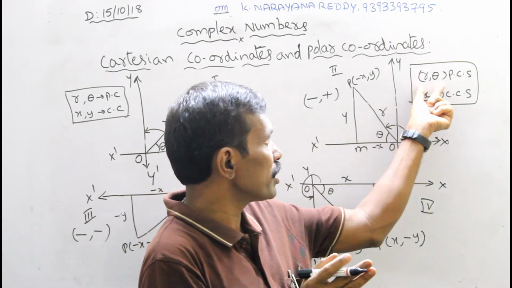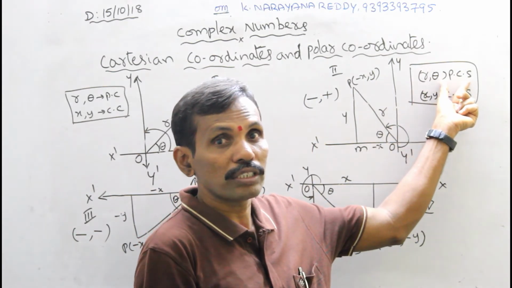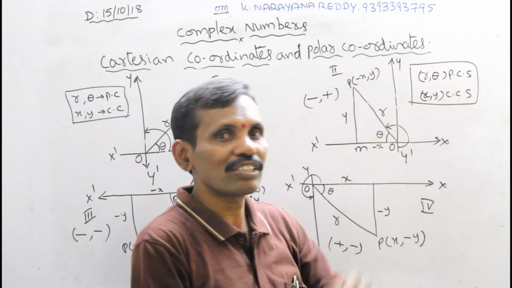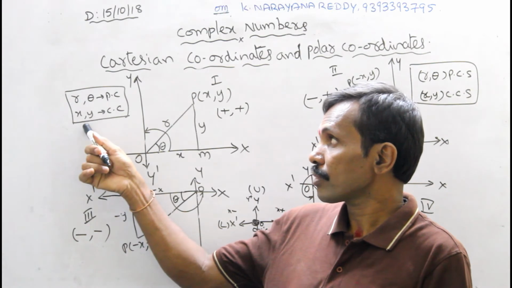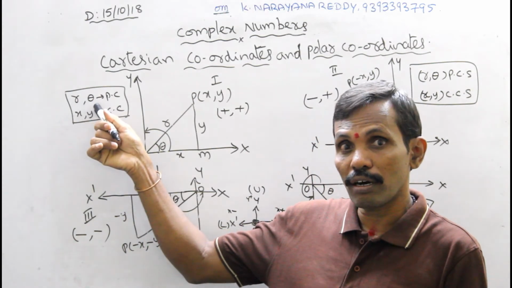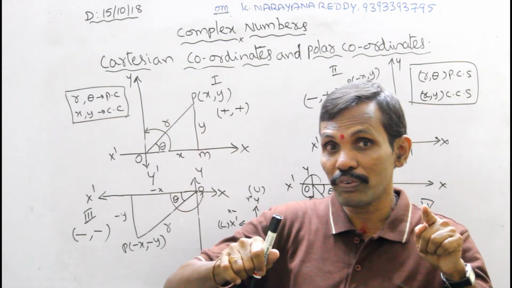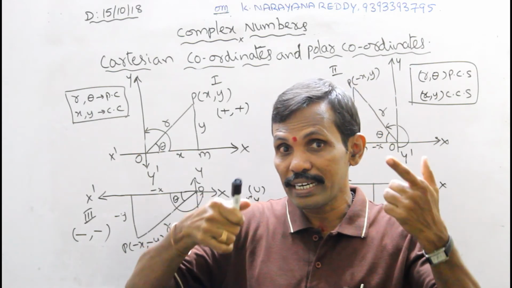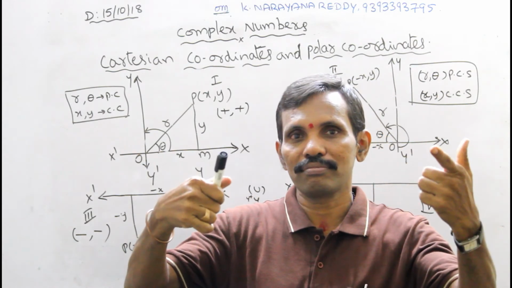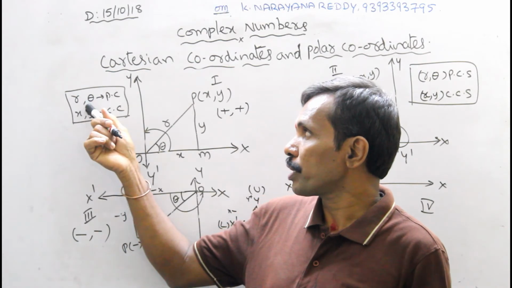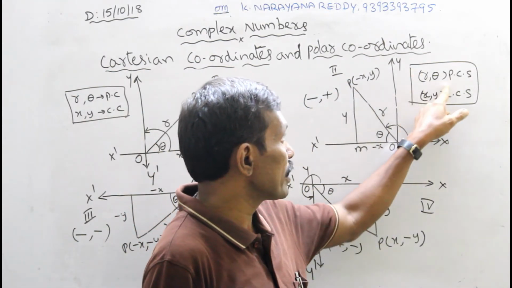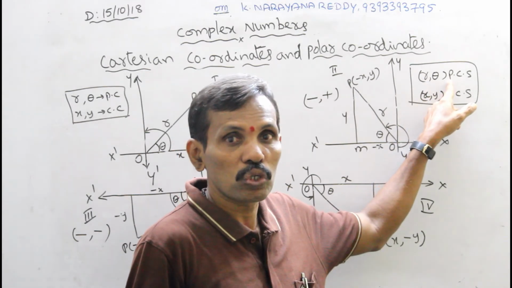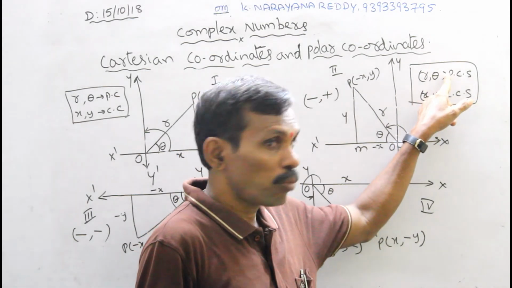So this is a system. What system? R, theta is called a polar coordinate system, and x, y is called a Cartesian coordinate system. But the coordinates are x, y, and here the polar coordinates are r, theta. That is the difference between polar coordinates and the polar coordinate system. Polar coordinates are PC, r, theta. PCS is in brackets: r comma theta, bracket close. This is the polar coordinate system.